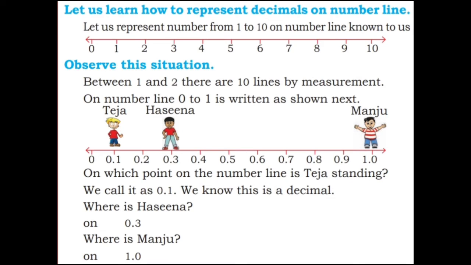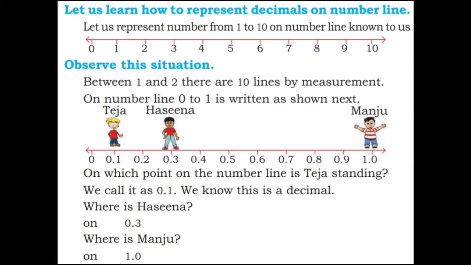Next, let us learn how to represent decimals on a number line. Let us represent numbers from 1 to 10 on the number line known to us. So the number line from 0 to 10, the numbers coming on the right side are positive numbers. So 1 2 3 4 5 6 7 8 9 10. Observe this situation.